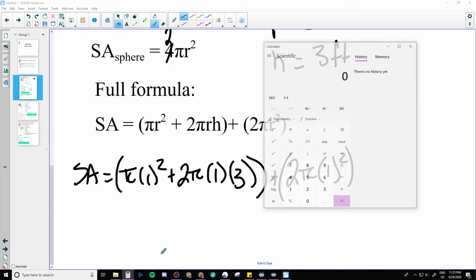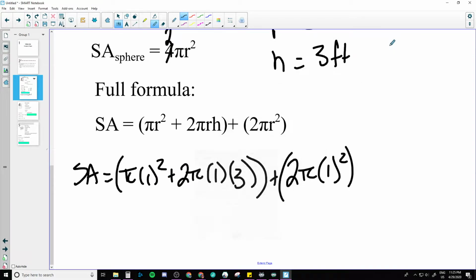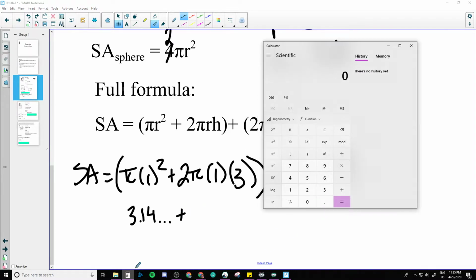So now we can put this into our calculators. 1 squared is just 1. So these parts here are going to be just pi. So 3.14 going on for that one there. 2 pi times 2 times 1 times 3 is 18.8495.